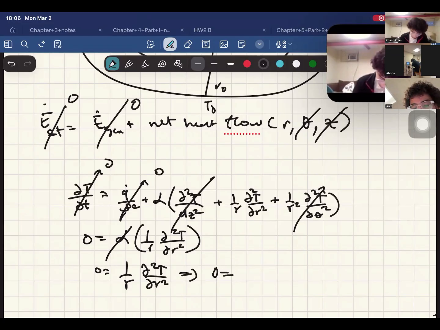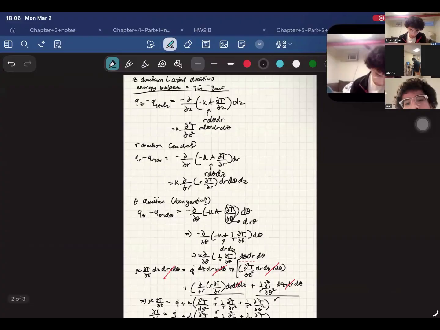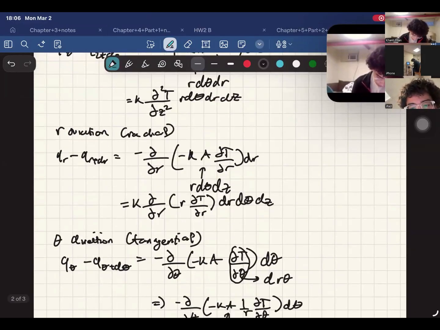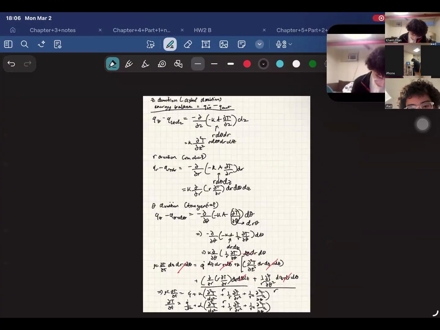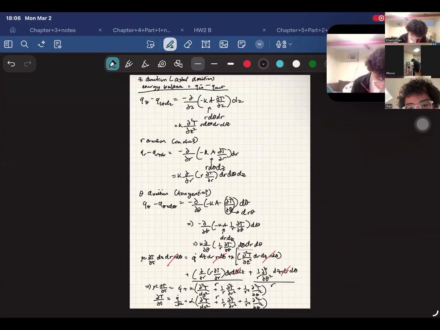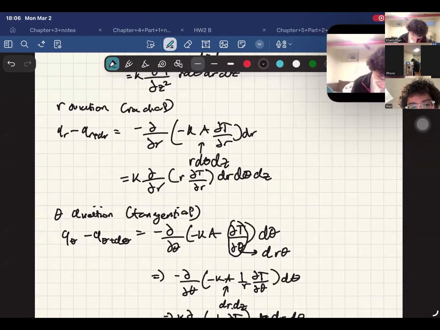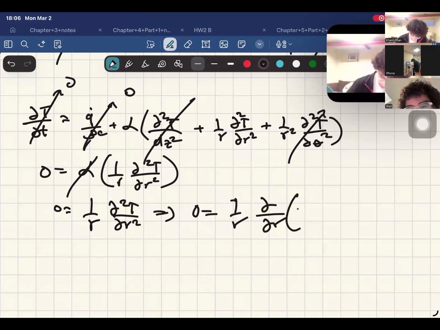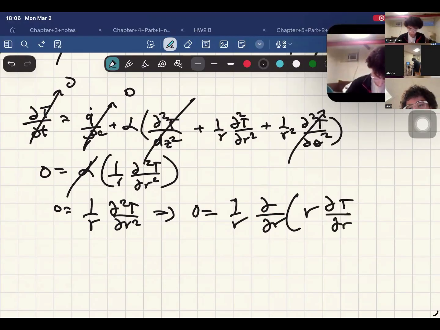So we can have 0 equal. So earlier, I'm gonna separate the second derivative into just the first derivative. So it's gonna be equal to 1 over R times the derivative d/dr of R dT/dr.